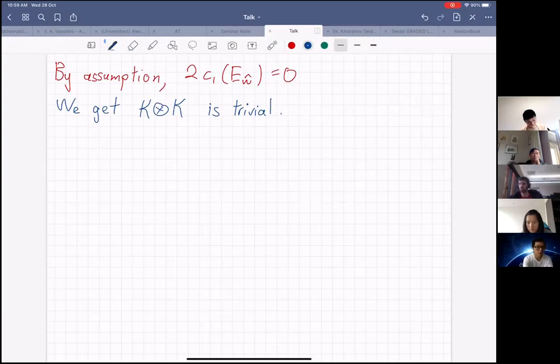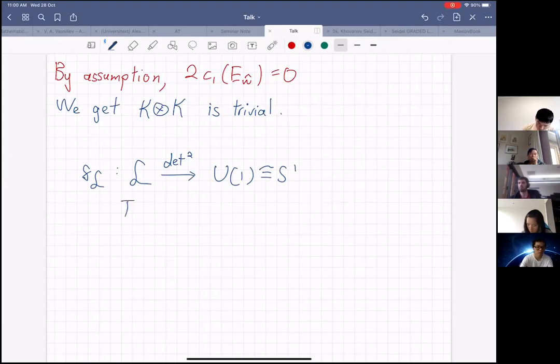Since this K cross K is trivial, there's a non-zero section. This non-zero section will help us define a map from the fiber bundle to U1 or S1. In fact, this justifies why we can have this determinant square map into U1. And how is this defined?